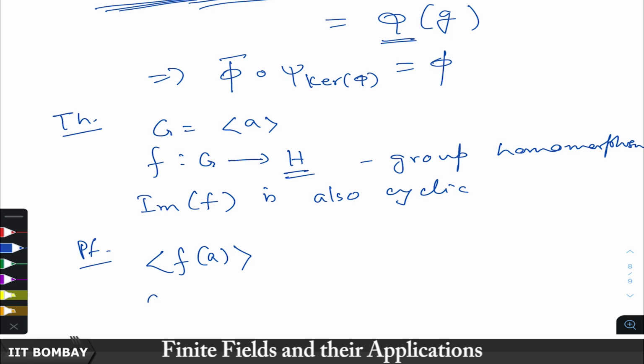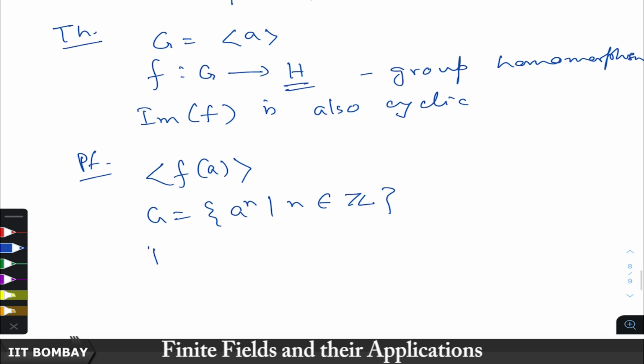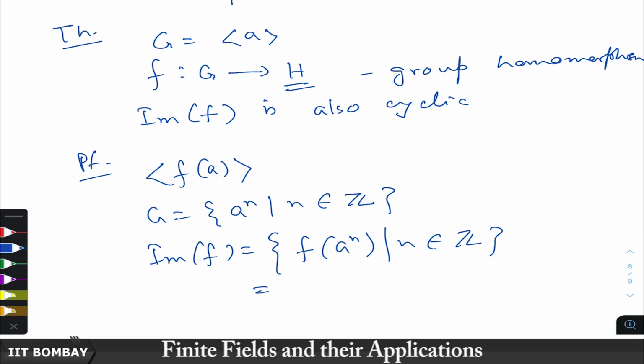Since G is cyclic, G is the set of all a^n where n belongs to Z, and then the image of G, the image of f, is by definition f(a^n). This holds for negative powers as well as positive powers, using the group homomorphism property.